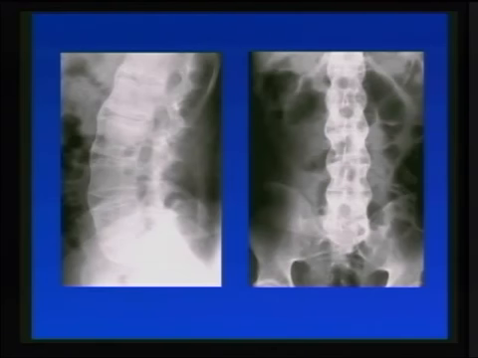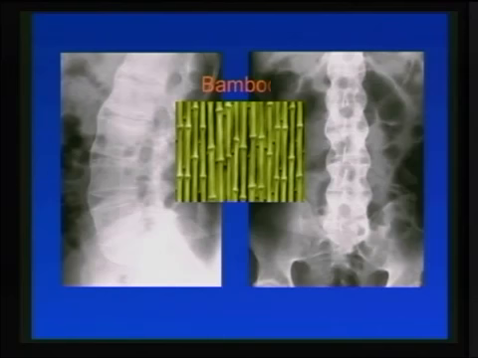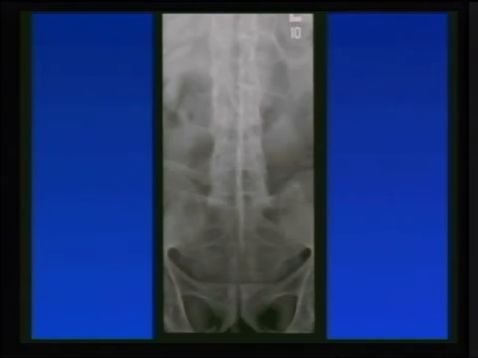This is the most common sign, which is really known to everybody: the bamboo spine sign, which is the syndesmophyte ossification of the ligaments. This is an interesting finding as well. If you see this one, you should not miss it.